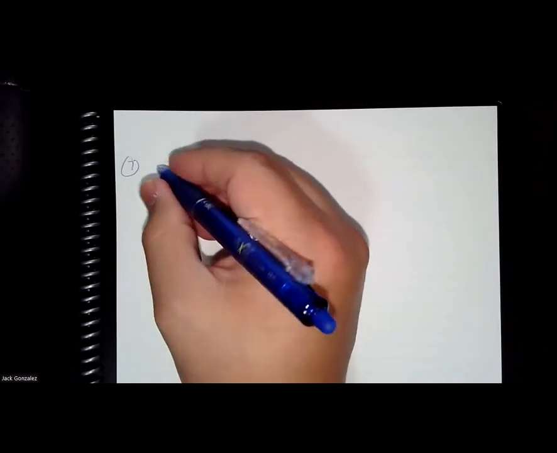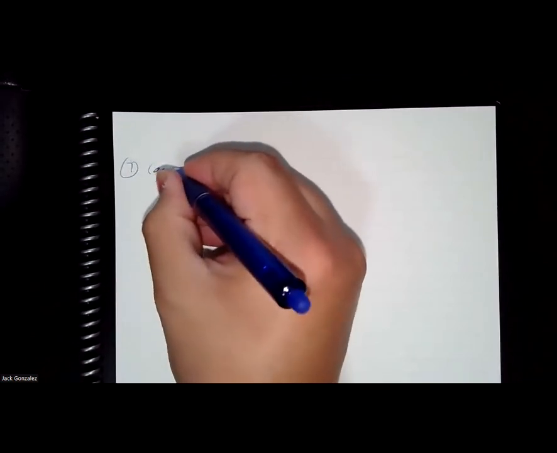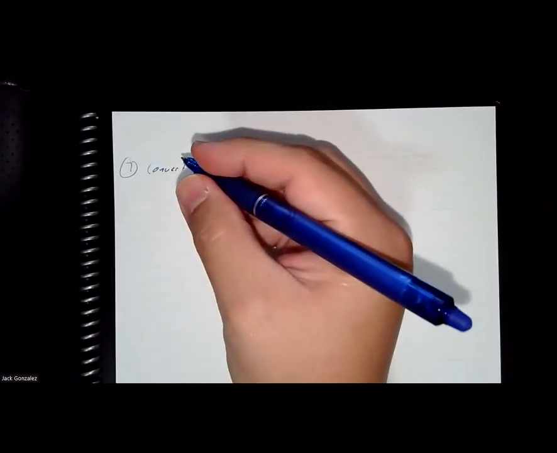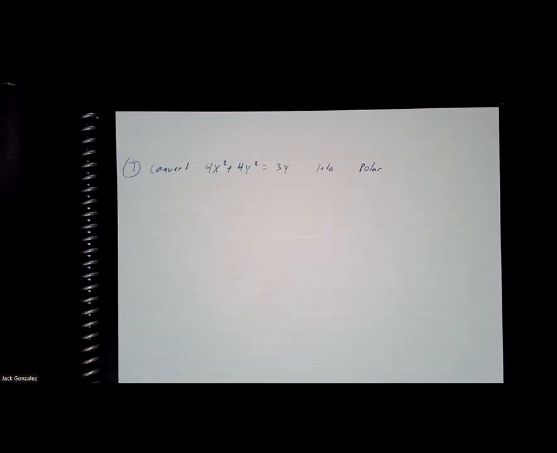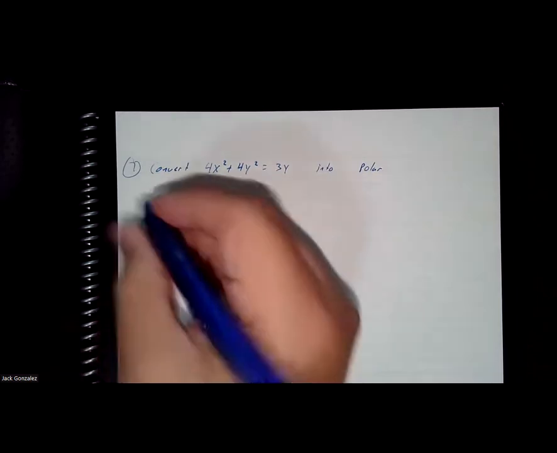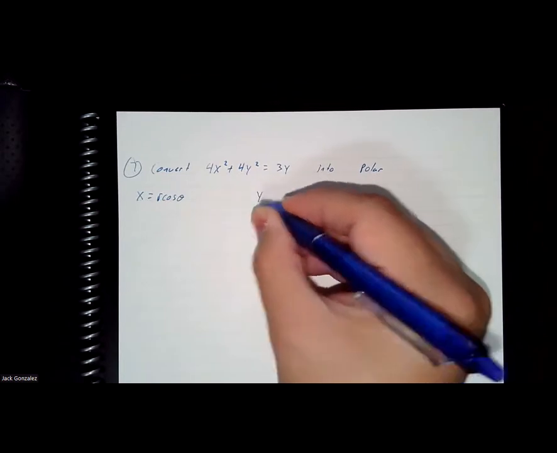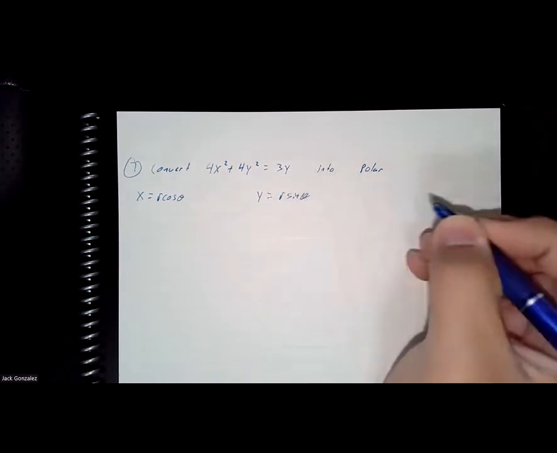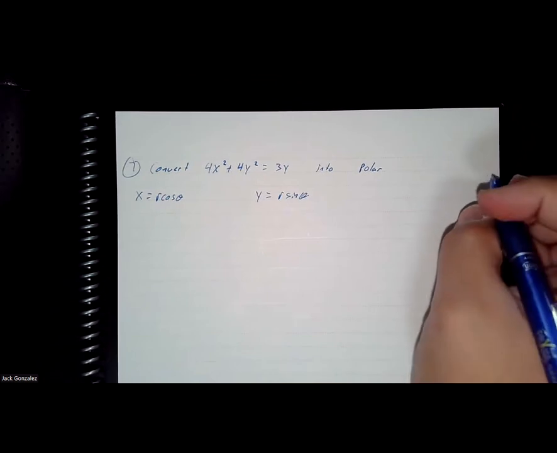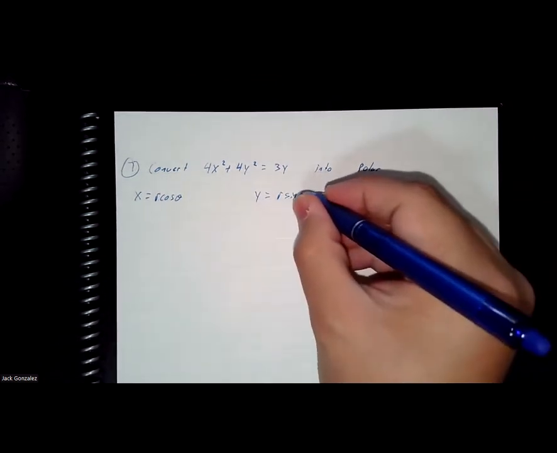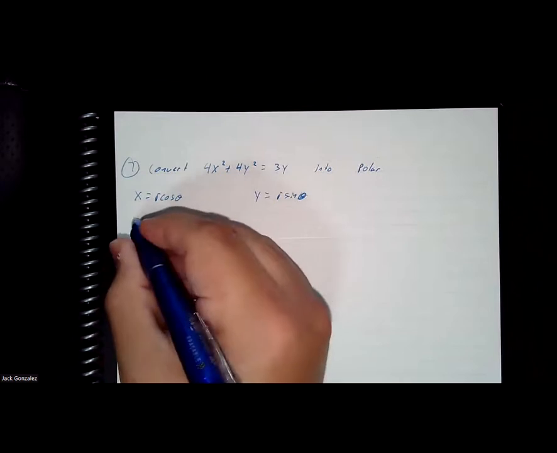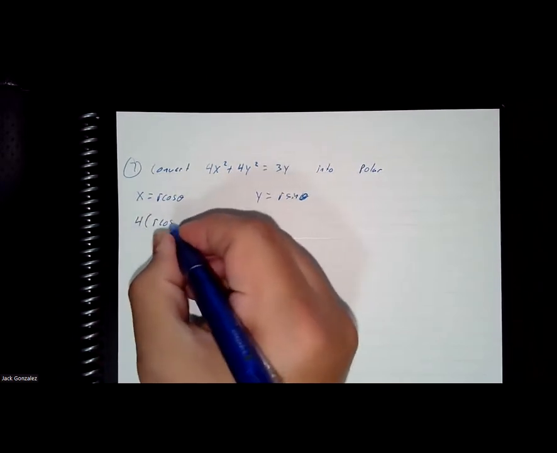Number 7. Convert. We'll look at the question. They want to convert this into polar. So as long as you remember that x is equal to r cosine theta, y is equal to r sine theta, it shouldn't be too bad. So plug in the x right here, r cosine theta.